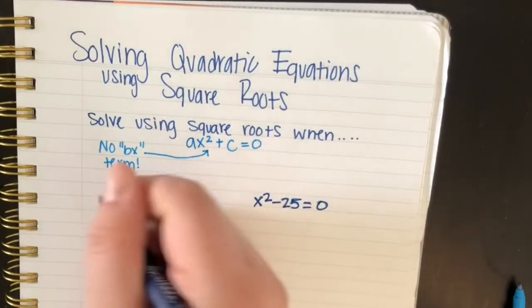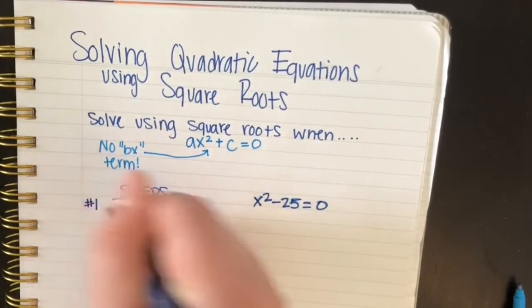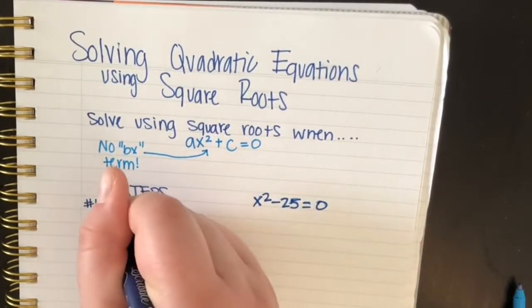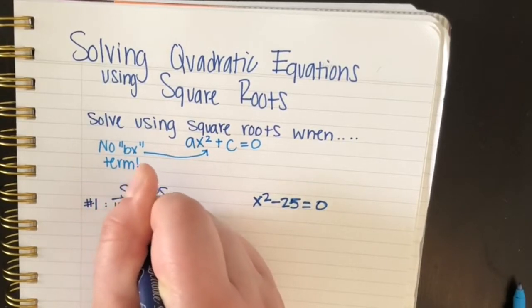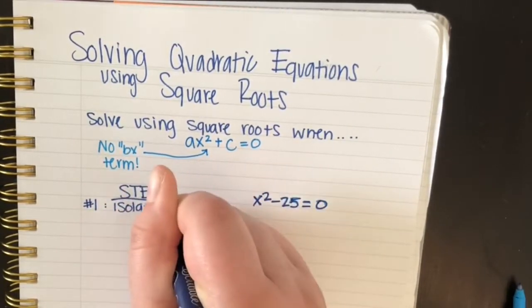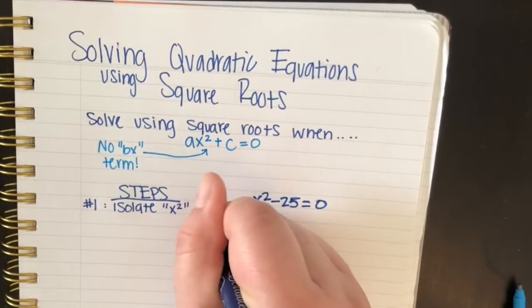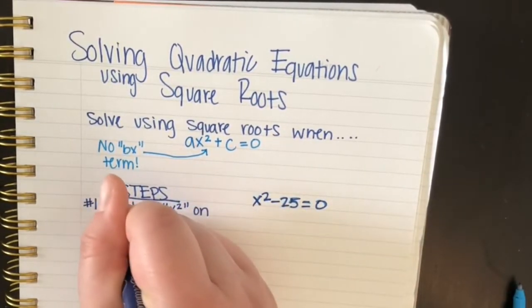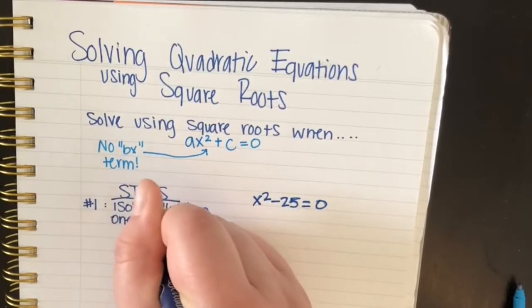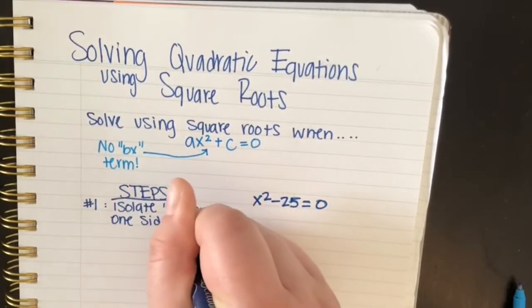All right, and our first step is to isolate x squared on one side of the equation.